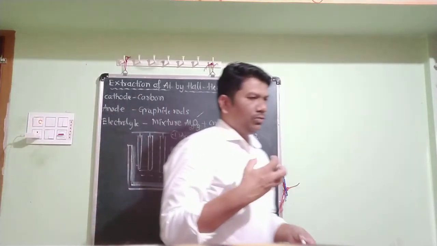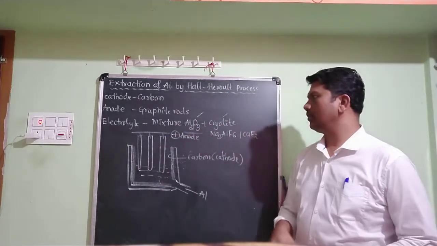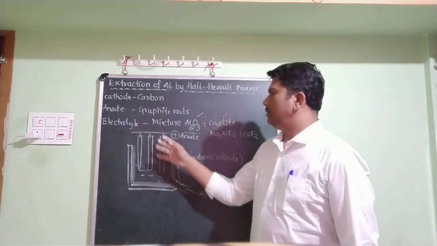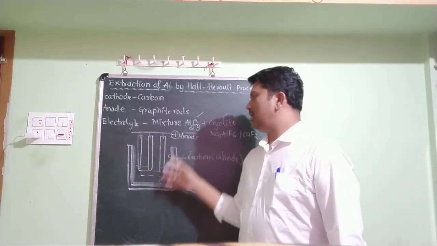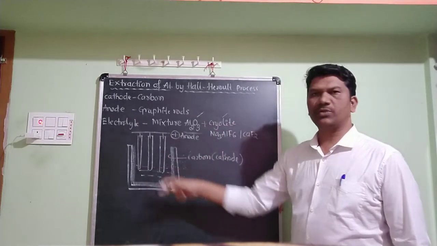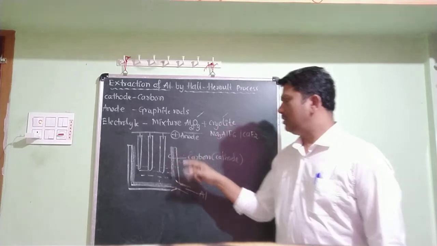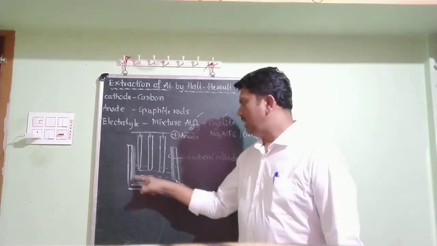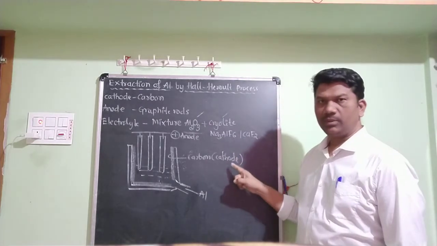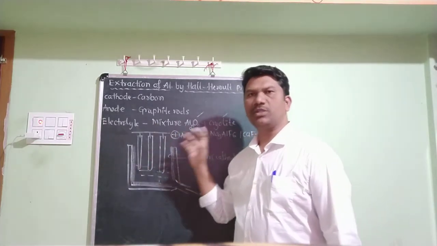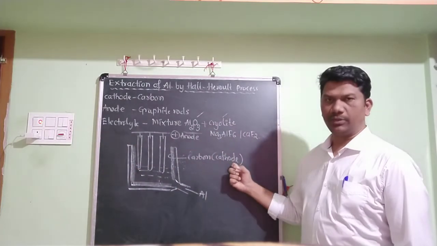So how to extract aluminium by Hall-Héroult process here? This is called the electrolytic cell. The electrolytic cell consists of a steel vessel lined inside with carbon which acts as a cathode.